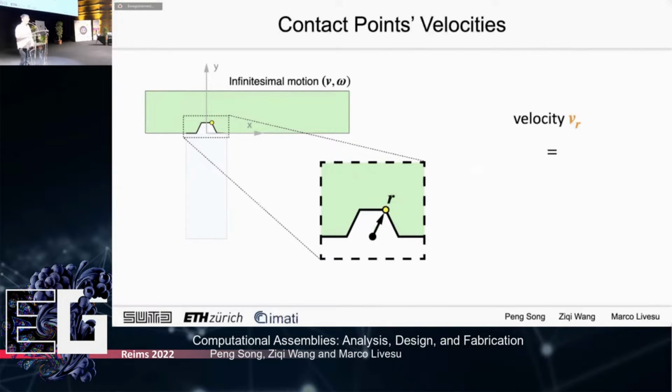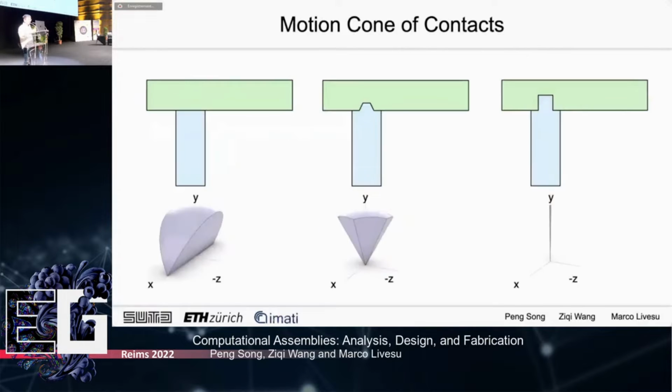And the velocity v_r is computed as the sum of the rotational component, omega cross product with the rotational arm r, plus the translational part v. Then you can set up the equations and compute the motion cone. So we combine all the non-collision constraints for all contact points.